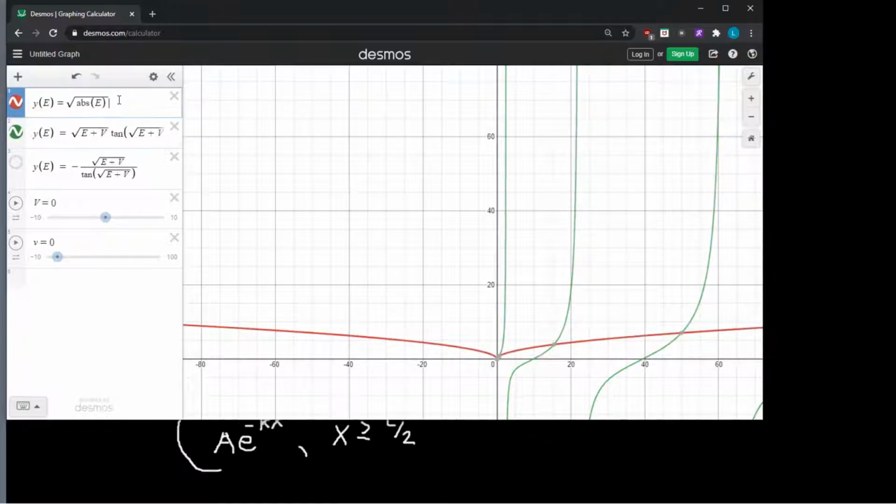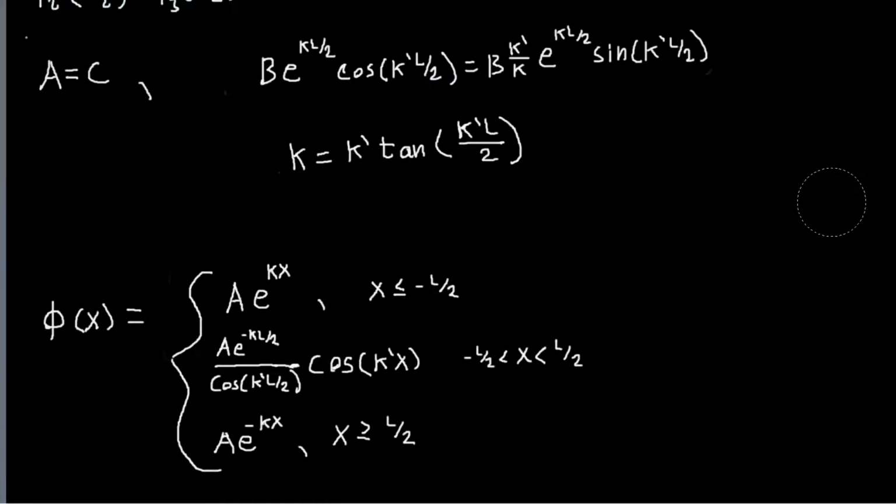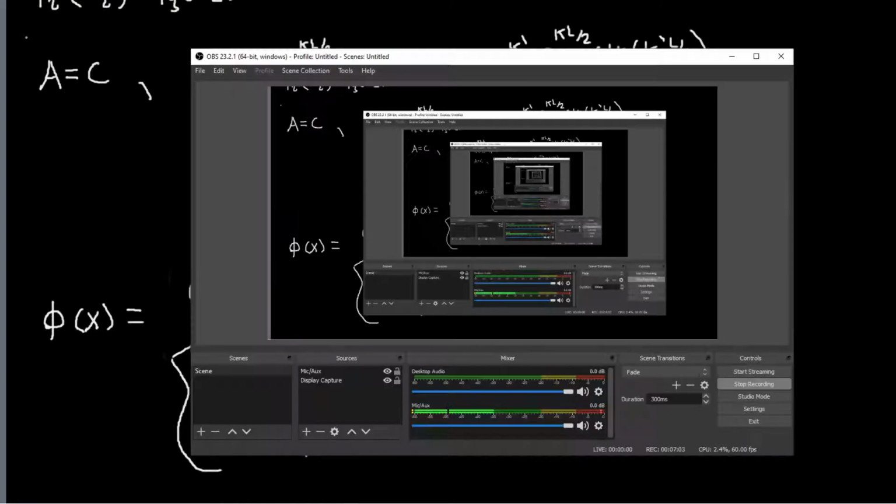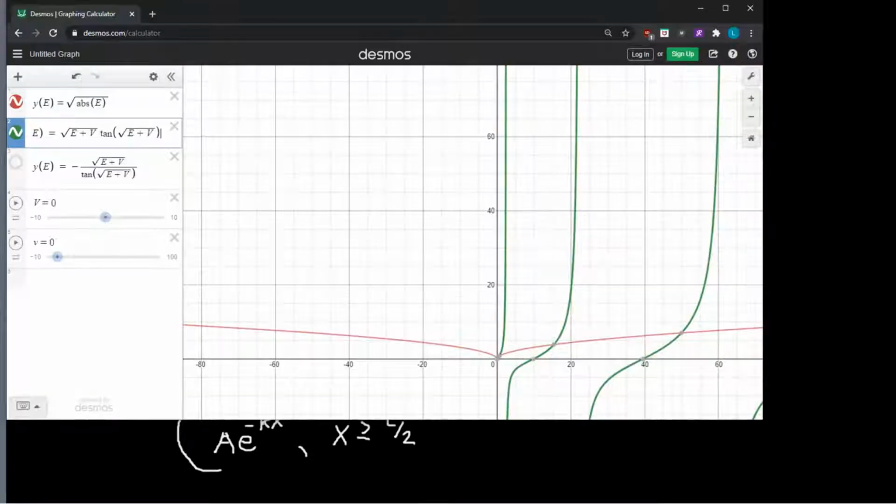I have these two equations here, this one plotted in red, this one in green. The solutions of this equation are where these two functions are equal, so basically where the red lines cross the green line.